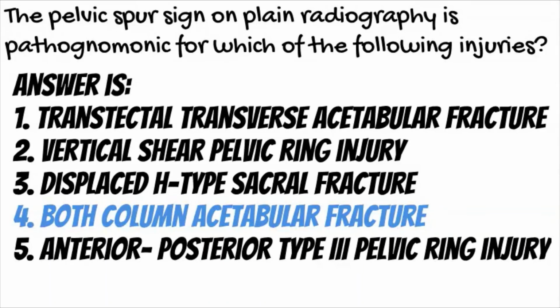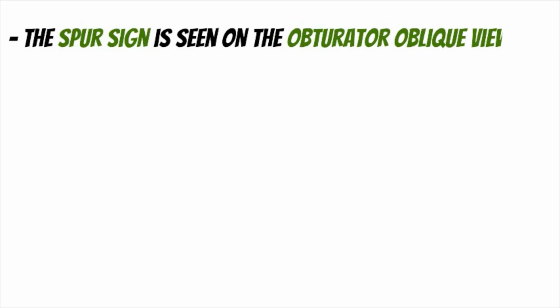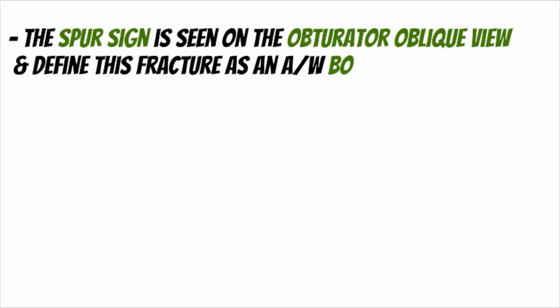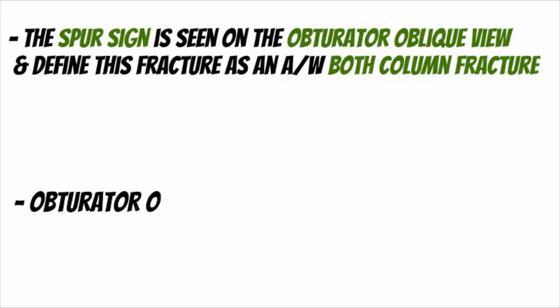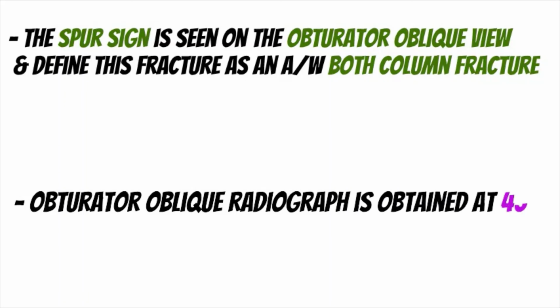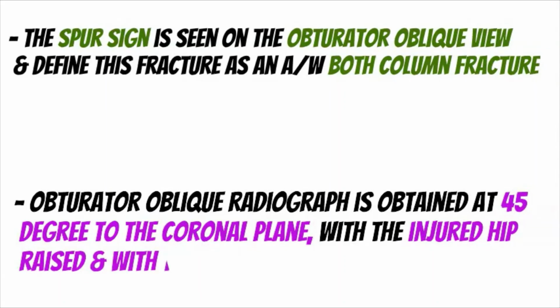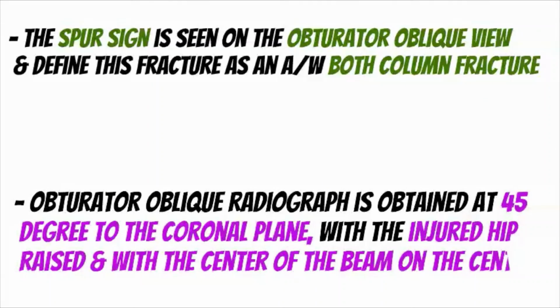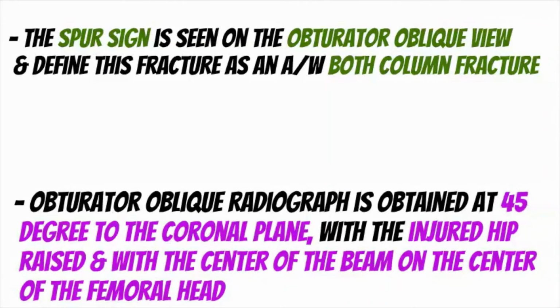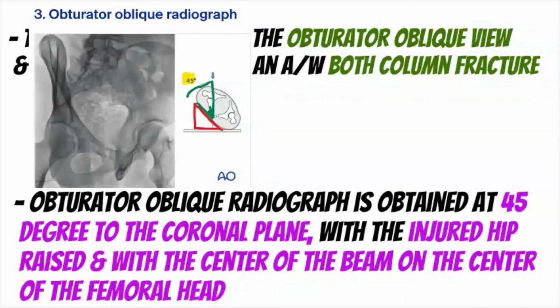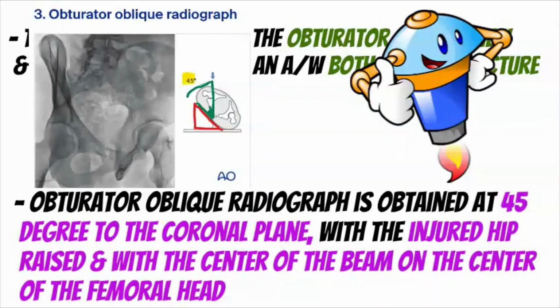Both column acetabular fracture. The spur sign is seen on the obturator oblique view and defines this fracture as associated with both column fracture. Obturator oblique radiograph is obtained at 45 degrees to the coronal plane with the injured hip raised and with the center of the beam on the center of the femoral head.